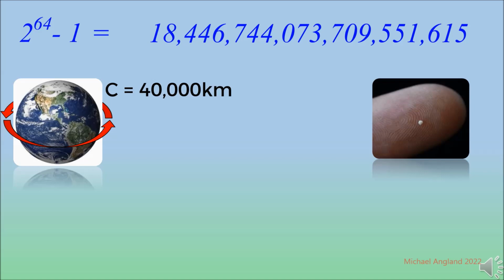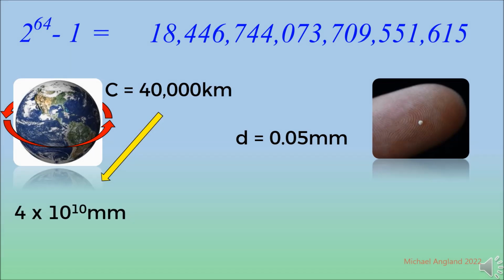The diameter of such a grain is approximately 0.05 millimeters. Converting those into the same units, the circumference of the Earth is 4 times 10 to the 10 millimeters, and the diameter of that grain of sand is 5 times 10 to the minus 2 millimeters.